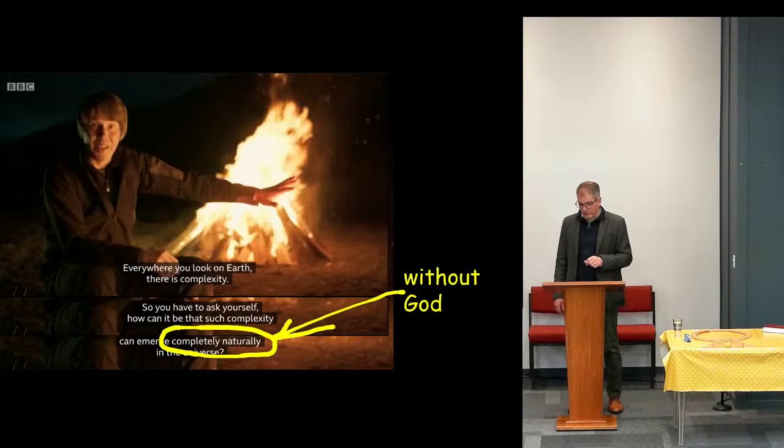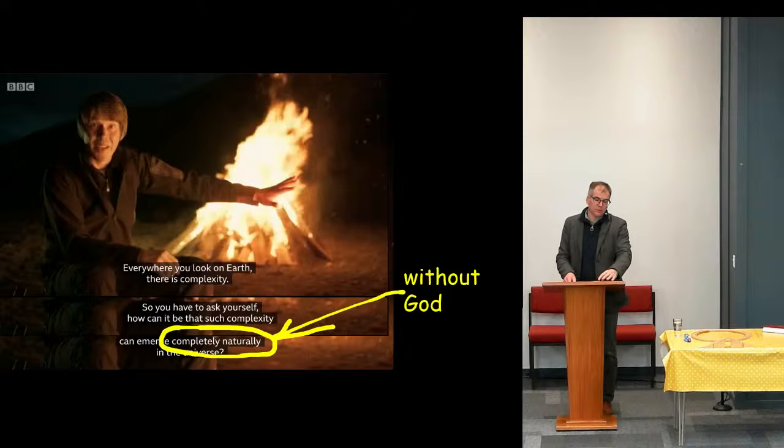And so what is he doing when he says completely naturally? Well, he's saying without God, without the supernatural. So he's not even open to an answer that could involve God. Baked into his question is an exclusion of one of the possible answers. So to my mind, the most obvious answer is that there is a God.